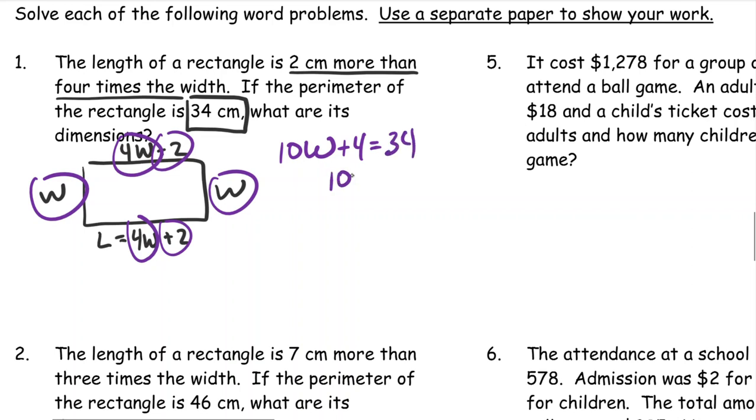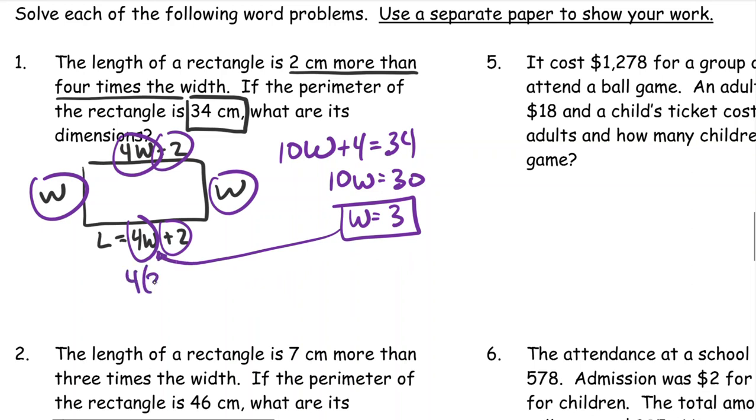So 10w equals 30. So w must equal 3. If w is 3, then what is the length substituted in here? 4 times 3 plus 2, 12 plus 2 is 14, so length is 14.